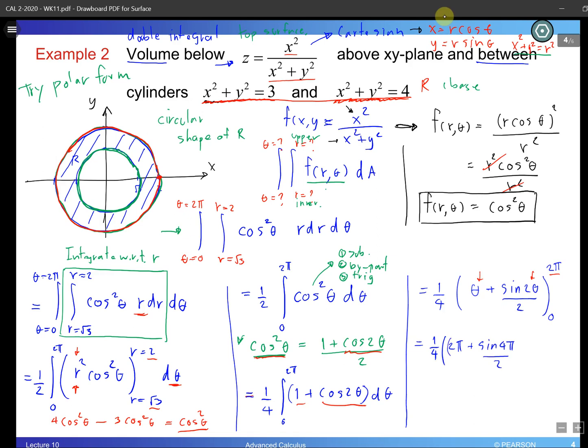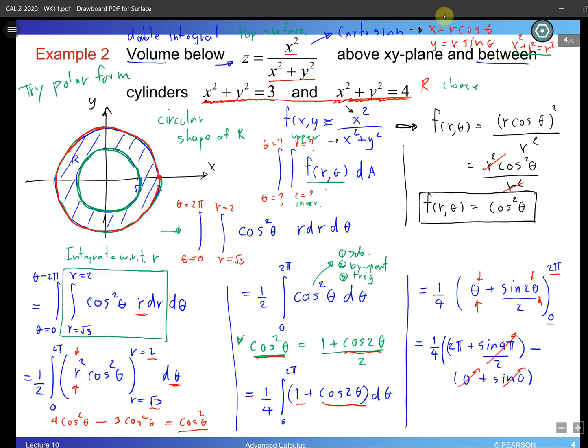Okay, and I'm supposed to subtract with 0 goes in, 0 right here and 0 right here. It's going to be 0 plus sine 0. Okay, so sine 0.